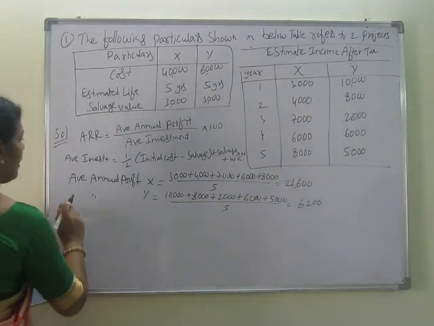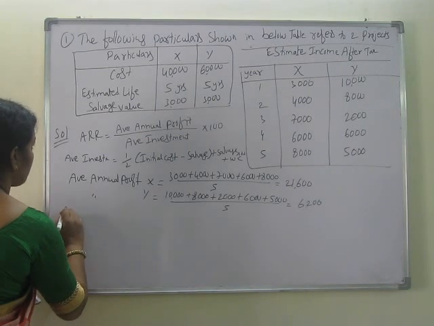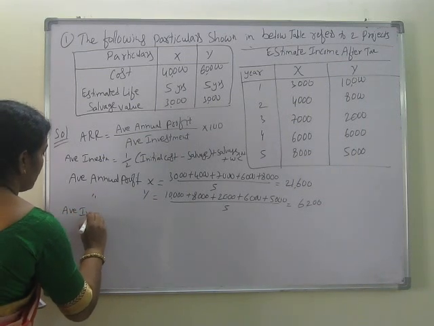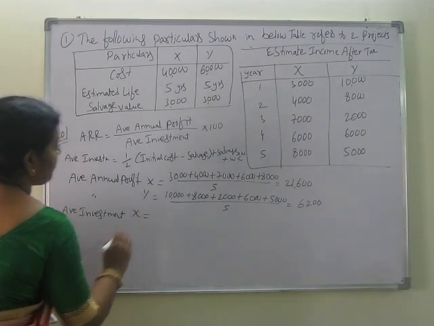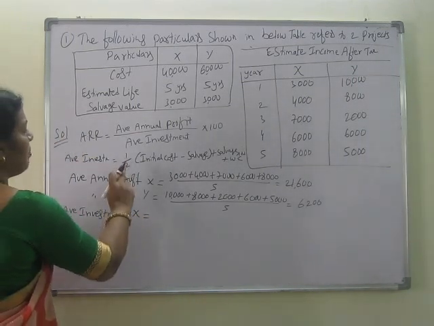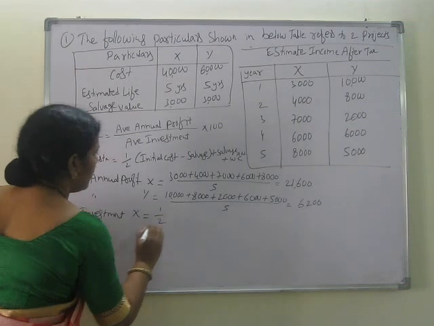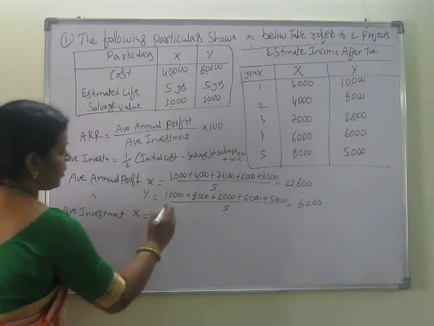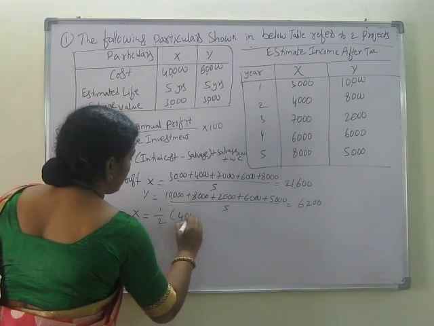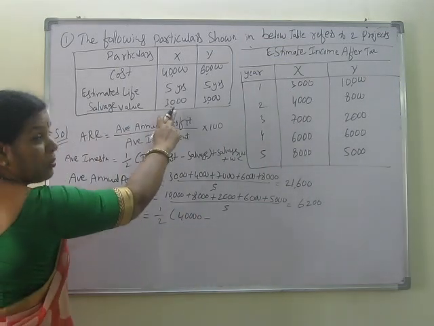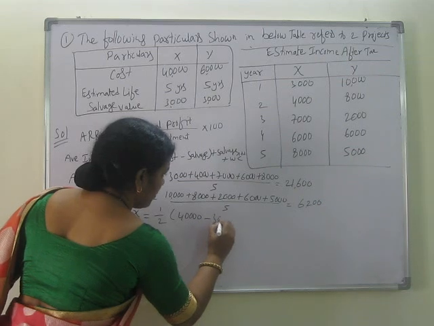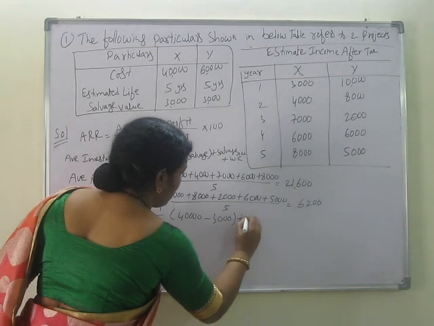Also we'll calculate the average investment of project X. What is the formula? 1/2 into initial cost of X, which is 40,000, minus salvage value. Salvage value is how much? 3,000. Plus salvage value 3,000.